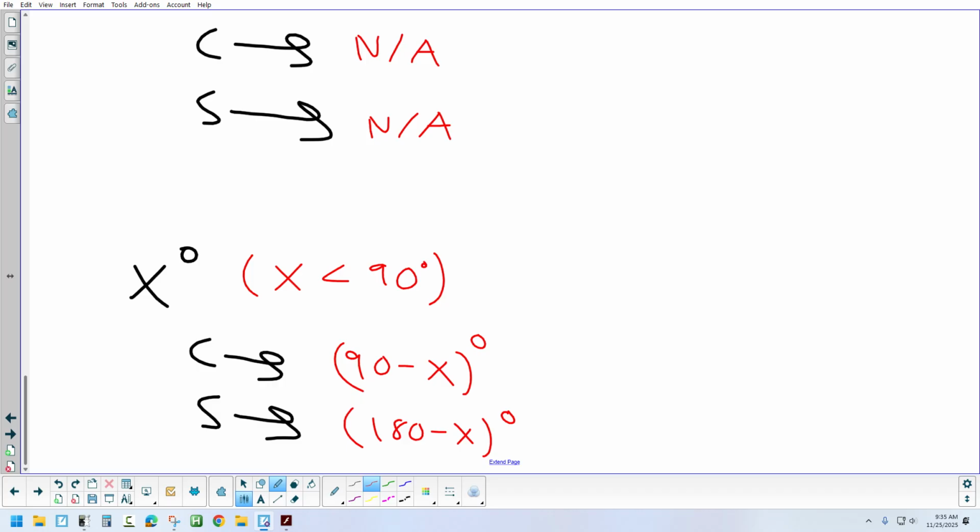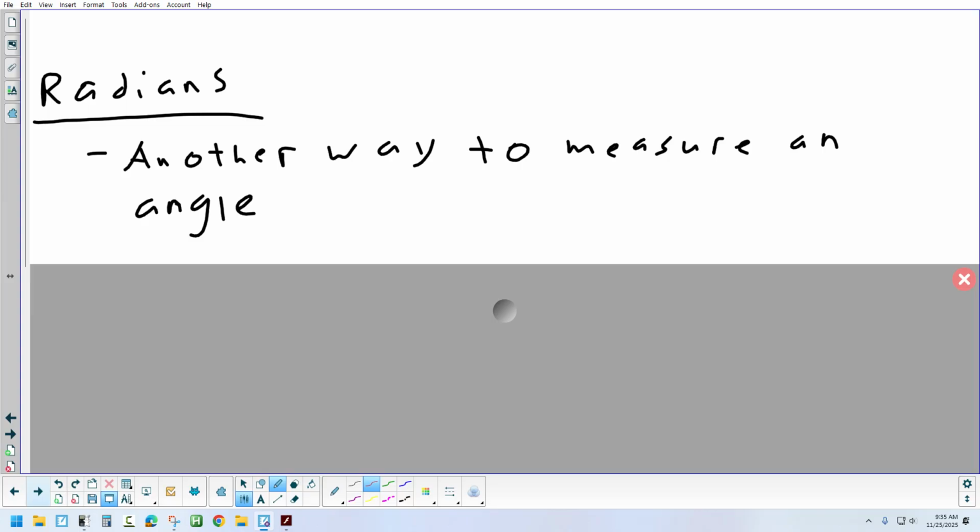Okay, any questions on that? Okay, so the last thing we're going to look at is an alternate way that we can write an angle besides degrees: radians. If you look at the word radian, does anybody recognize another word that at least starts with something that's there?